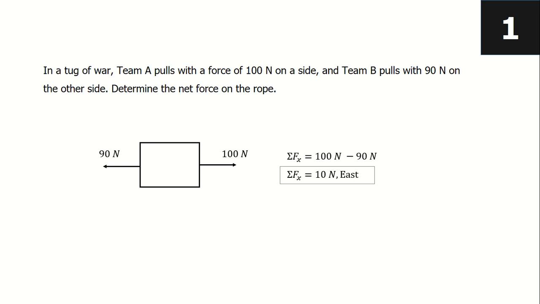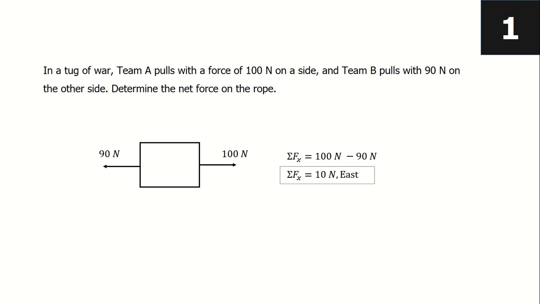So you would expect that you would be summing the forces along the x-axis. Below is the free body diagram. For team A, the force exerted is 100 newtons, and we put that on the right side, or the force is directed to the east, while the 90 newton is on the opposite side, directed to the west.